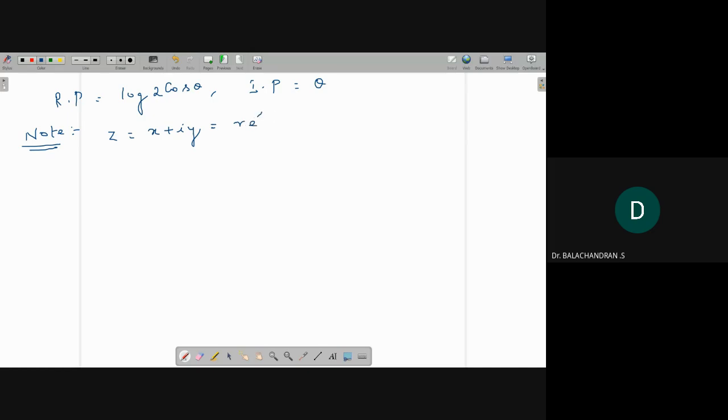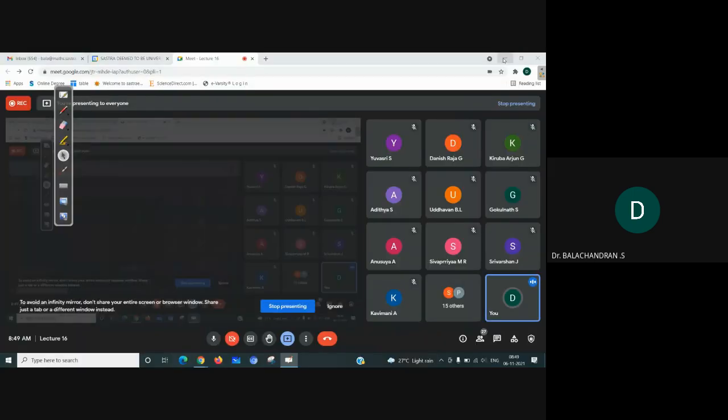This is r into e power i theta. So x plus iy equal to r into e power i theta, which is cos theta plus i sin theta. What is x? x is equal to r cos theta, and y equal to r sin theta.